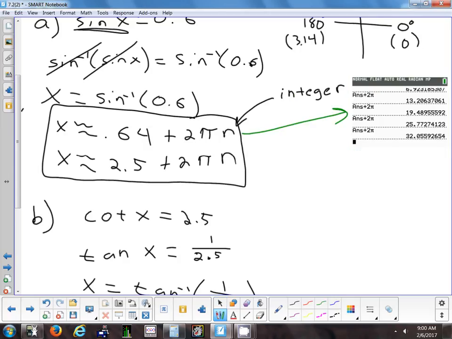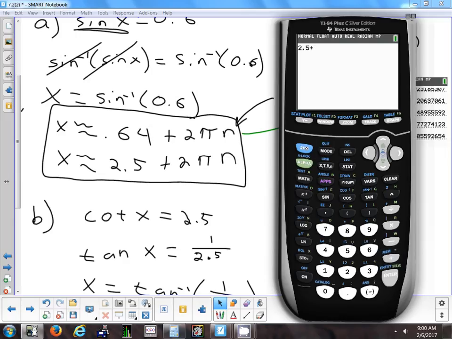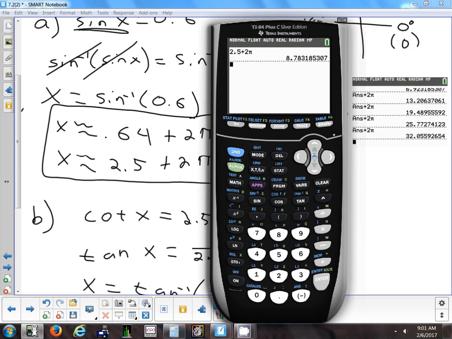Okay? Now let's take 2.5. Let's do the same thing. Take 2.5 and add 2 pi, and I get that answer. Did I get that answer before? 8.78? Nope, so that's a different answer.